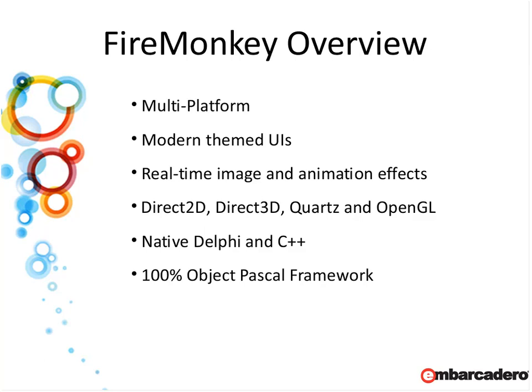For rendering graphics, FireMonkey uses Direct 2D and Direct 3D for rendering HD and 3D graphics and user interfaces on Windows. And on the Mac, we're using Quartz for HD application rendering and OpenGL for 3D rendering. Also, applications are native Delphi and C++ and are built 100% on the Object Pascal framework.